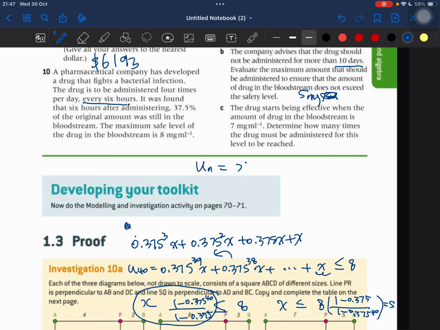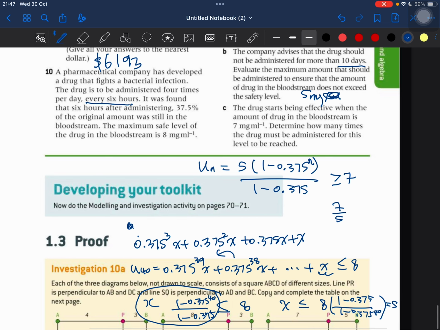Now we know x is 5. So 5 times 1 minus 0.375 to the power of n, over 1 minus 0.375, should be at least 7.